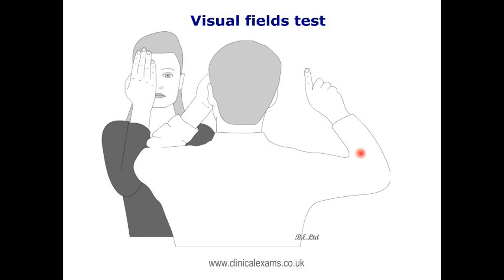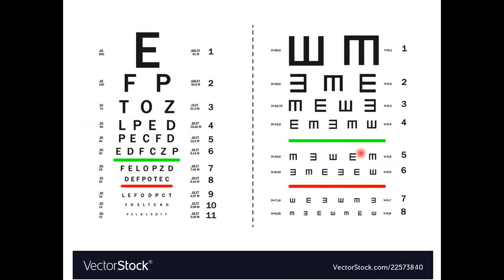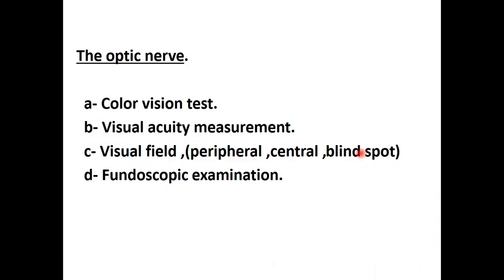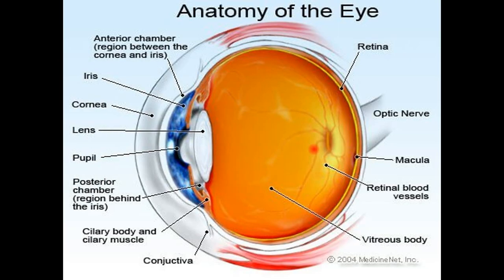Then after we finish visual field examination we have to do fundoscopy. As we said, fundoscopy is very important, because with fundoscopy we can see the retina and the retinal vessels. For example, in patients with diabetes it is very important to examine the eye for diabetic retinopathy. Or examine patients with hypertension, looking for hypertensive retinopathy.